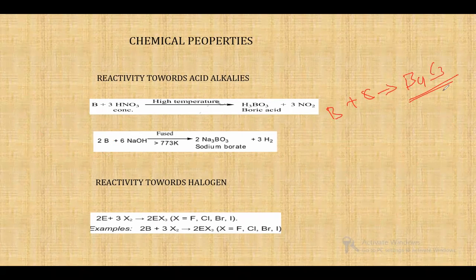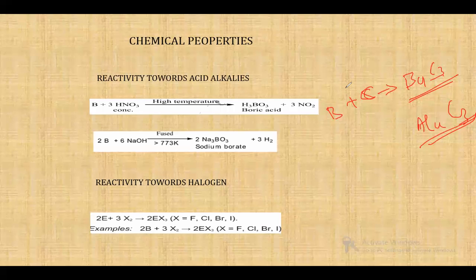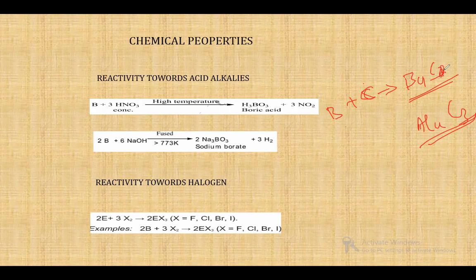Likewise, aluminium reacts with carbon to form Al4C3. So group 13 elements react with carbon to form carbides. Here B4C exists as one carbon unit, with boron in the +1 oxidation state and carbon in the -4 oxidation state. So it exists as B4C.